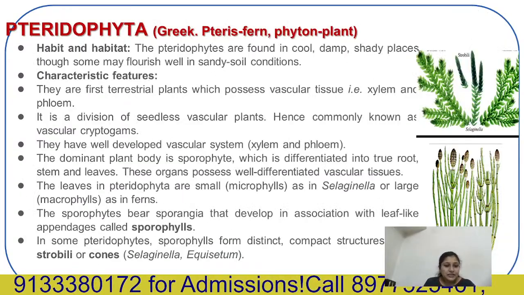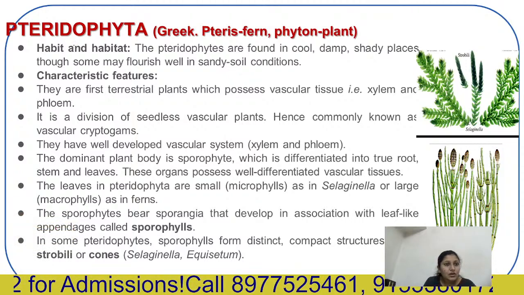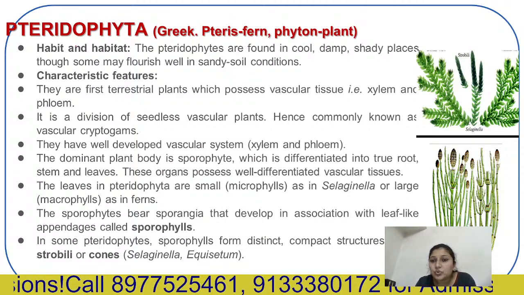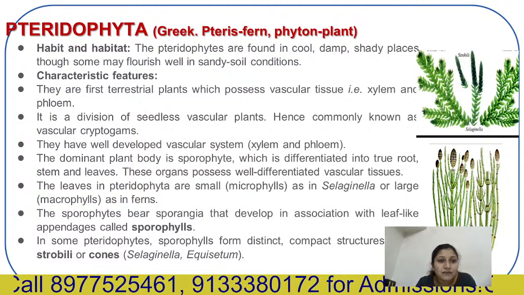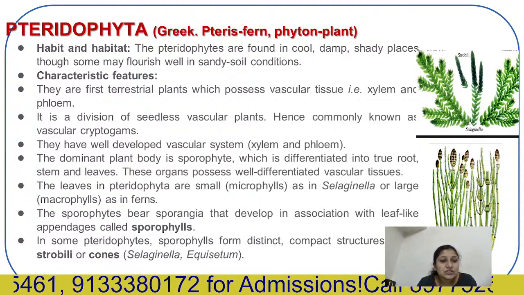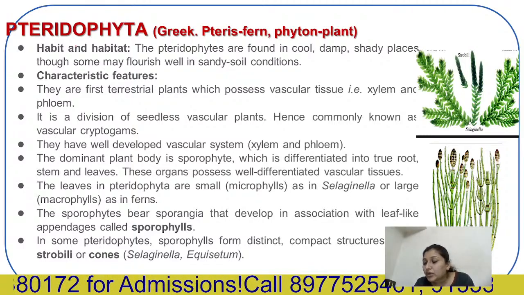Then pteridophytes. Habitat: pteridophytes are found in cool, damp, shady places, though some may flourish in sandy soil conditions. The characteristic feature here is that the vascular system has started.